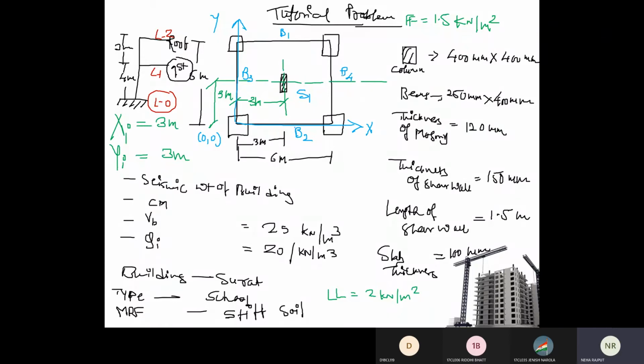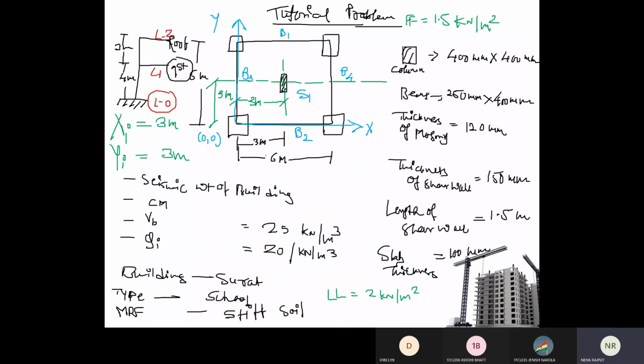As all your beams have the same length, the calculation for beams will be very easy. How to find that? See, seismic weight of beams, all beams are the same length. What is the seismic weight of a beam?